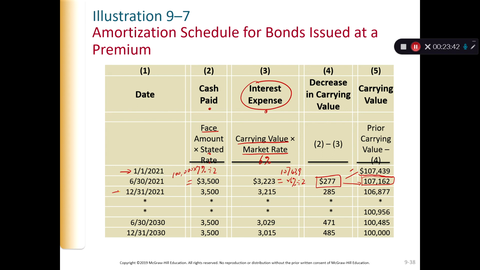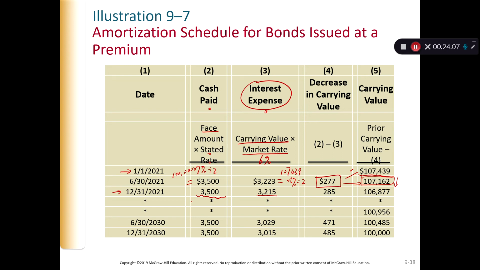Okay, so half a year later, same thing. Your cash payment is still $3,500, but your carrying value is reduced from $107,439 to $107,162. Hence, your interest expense, like other companies of similar risk, will only be $3,215.